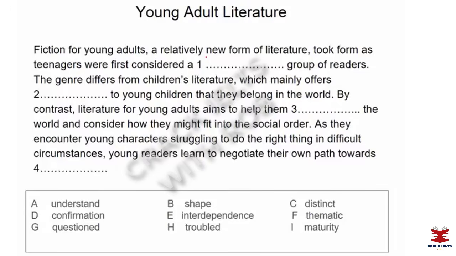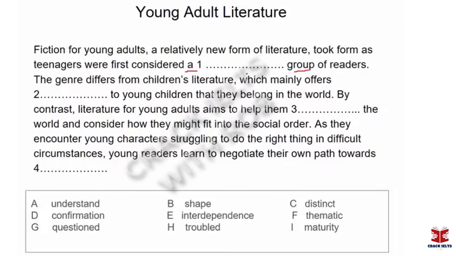Okay, so for example, look at number 1. The sentence reads, "Fiction for young adults, a relatively new form of literature, took form as teenagers were first considered a blank group." Okay, here we've got a nice clue. A, the article. And look after the blank, we've got group. We've got a noun there.